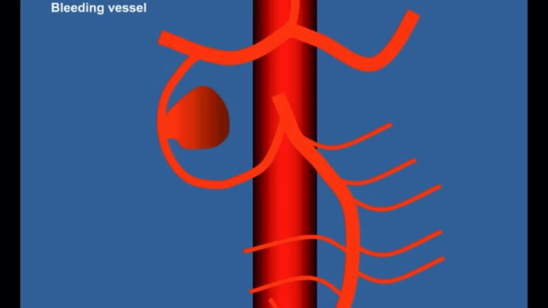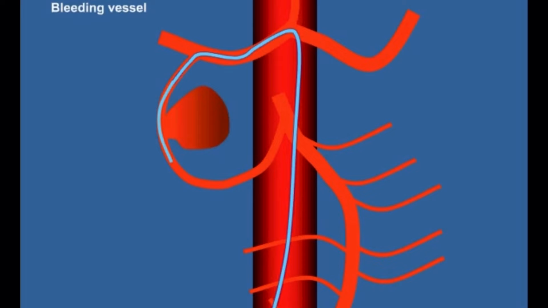For example, in a case that is bleeding from the intestine, a tube is first taken from a puncture made in a blood vessel of the leg into the blood vessel close to the point that is bleeding. This is done under image guidance. Then through this we pass another smaller tube so that we can reach the very site that is bleeding.